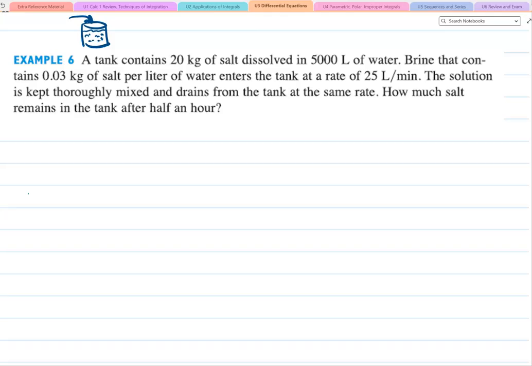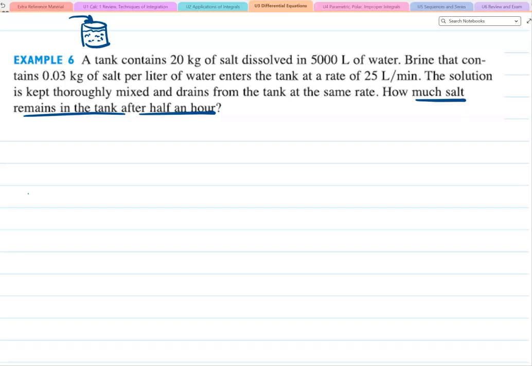So we're going to constantly mix this up with this new solution as it pours into the existing solution. And we're going to maintain the 5,000 liters because as we fill up the tank with 25 liters per minute, we're also letting it drain out at 25 liters per minute. The question becomes how much salt remains in the tank after half of an hour.